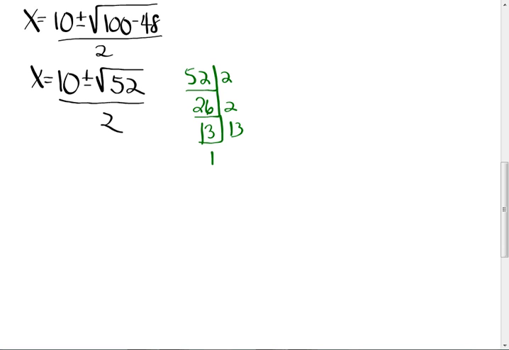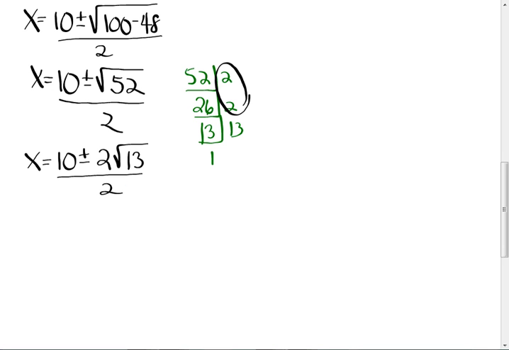Okay, Selah, question? Okay, iPad, put it down. We're doing it right now. So x equals 10 plus or minus, what comes out? 2, not 26, square root of 13 over 2. Okay, ready? Now, you have to divide this.